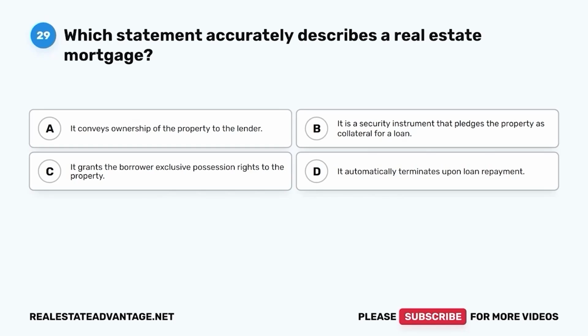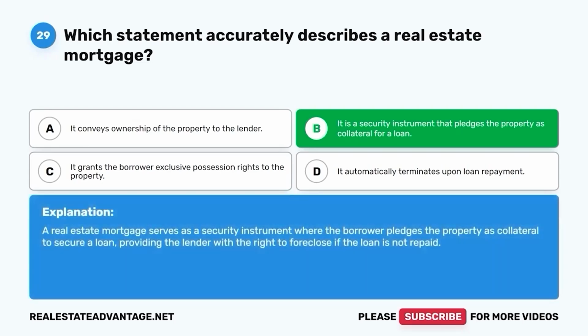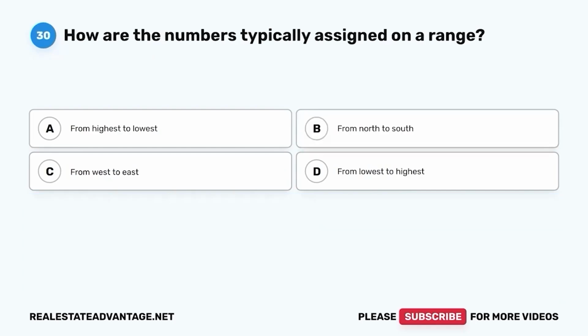D. It automatically terminates upon loan repayment. The correct answer is B. It is a security instrument that pledges the property as collateral for a loan. A real estate mortgage serves as a security instrument where the borrower pledges the property as collateral to secure a loan, providing the lender with the right to foreclose if the loan is not repaid.